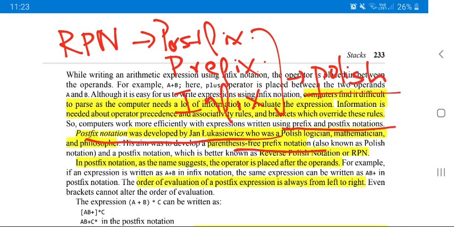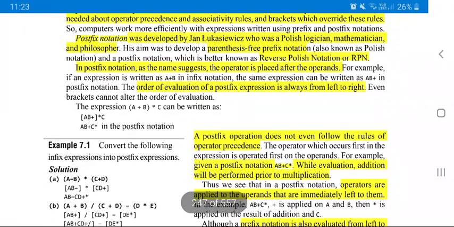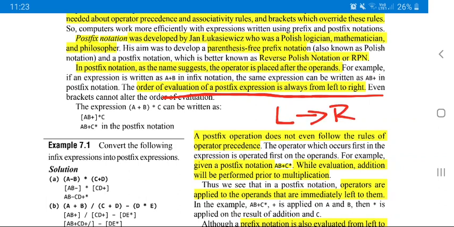The order of evaluation of postfix and prefix expressions is from left to right. Even brackets cannot alter the order of evaluation; it is from left to right continuously.